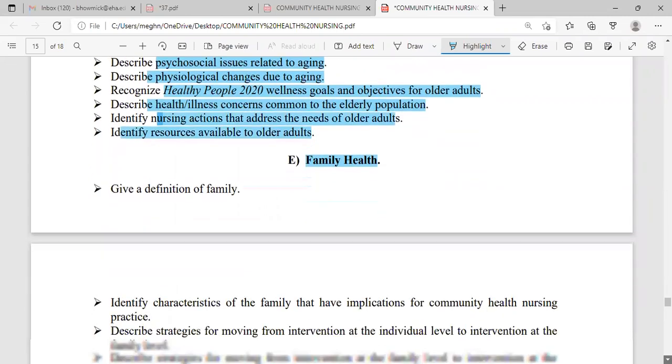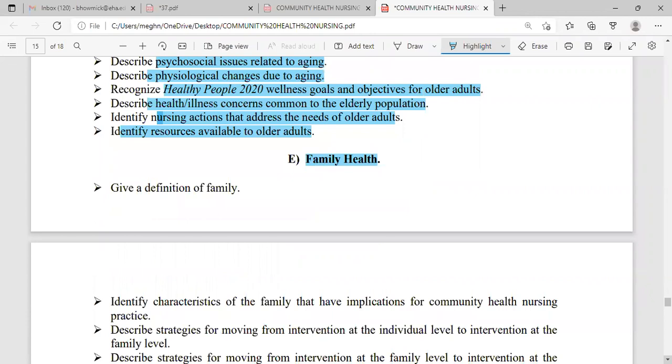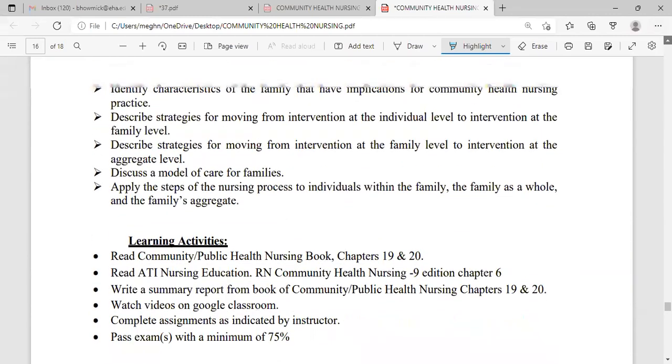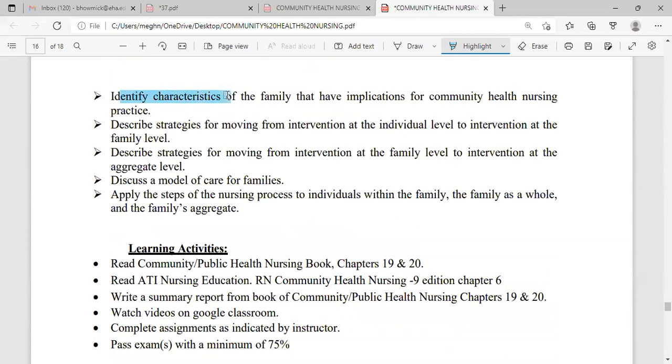Then family health. Give the definition of family, right? Identify the definition, then identify characteristics of family that have implications for community health nursing practice.